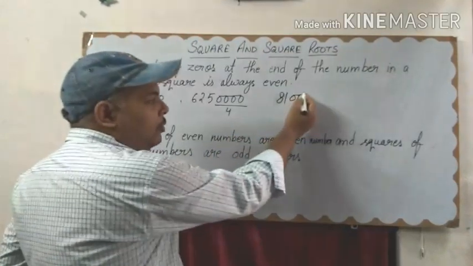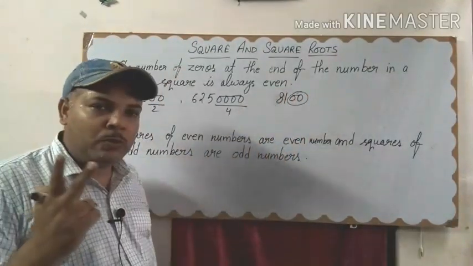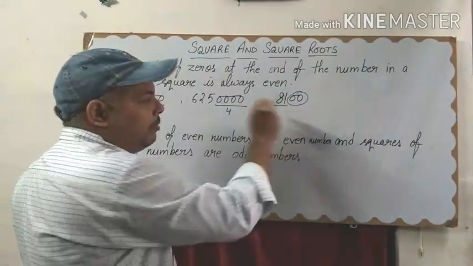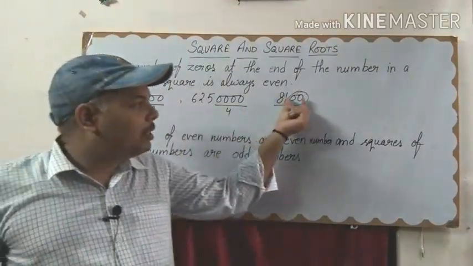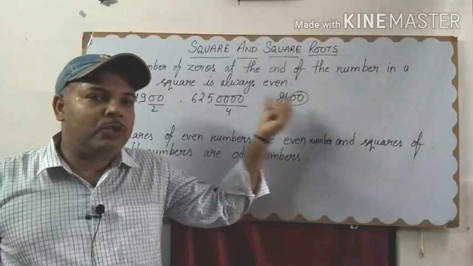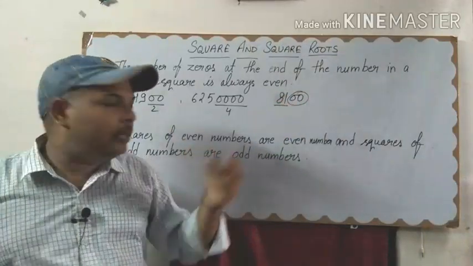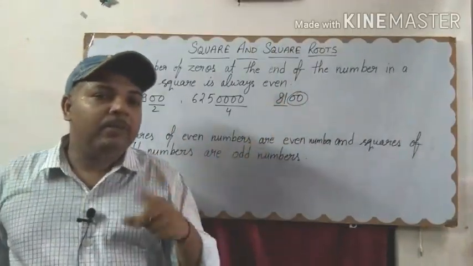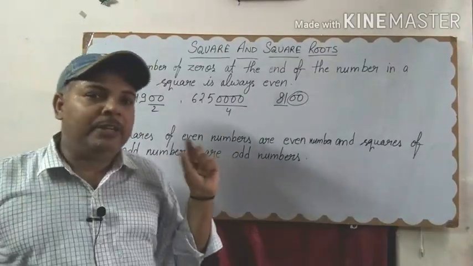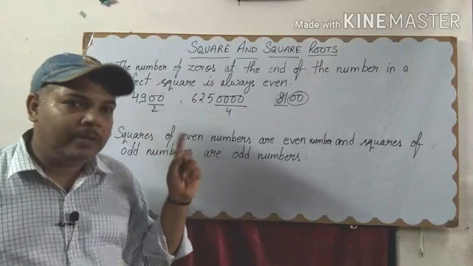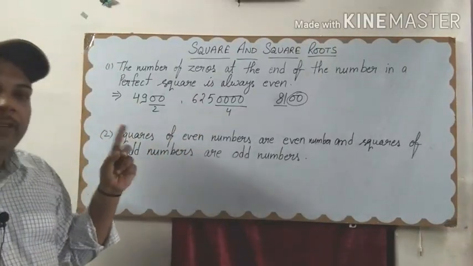First see the number of zeros here. The number of zeros is 2 and the left number is 81. 81 is the square of 9 and because the last 2 zeros are there and 2 is an even number, so it will be a perfect square number. Good. Clear? So this was the first property of square.